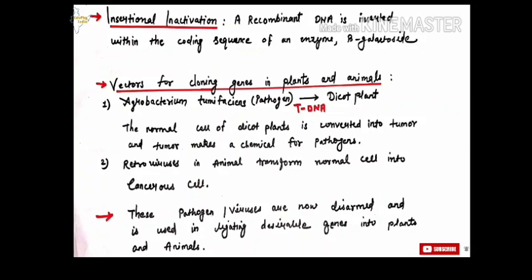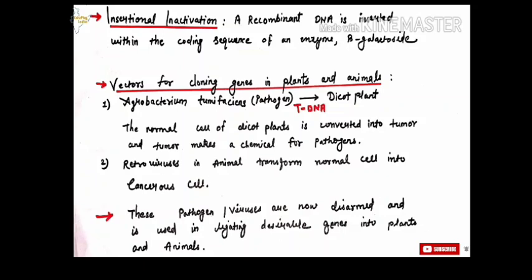Then they give us the desirable genes in both plants and animals. So these disarmed pathogens or viruses are used in ligating desirable genes into plants and animals.